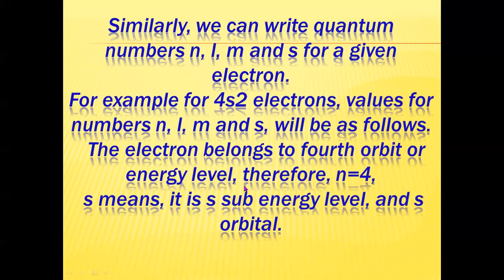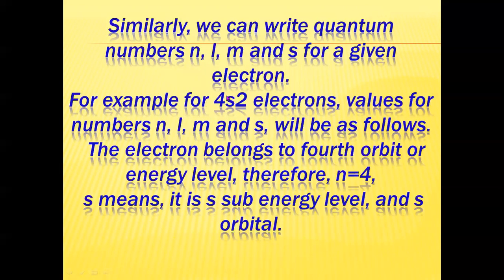Similarly, in the opposite case, we can write quantum numbers for a given electron. For example, if we have 4s2 electrons, then we can write the values for the quantum numbers n, l, m, and s as follows. Here 4s2: 4 is the value of n, the principal quantum number, so n is equal to 4.